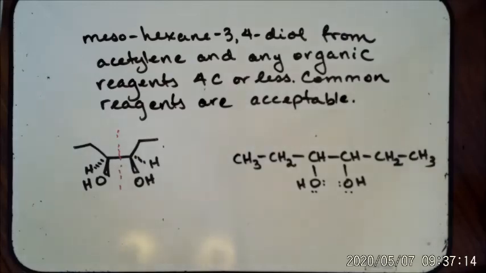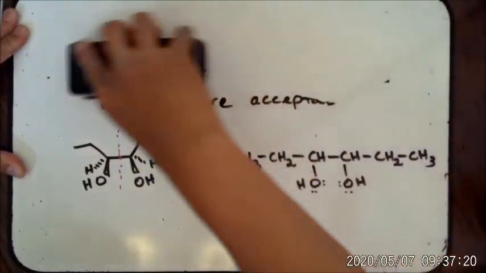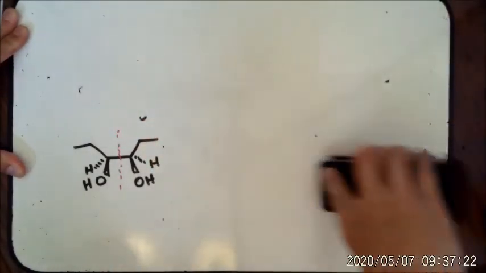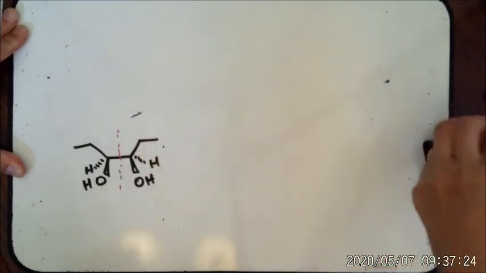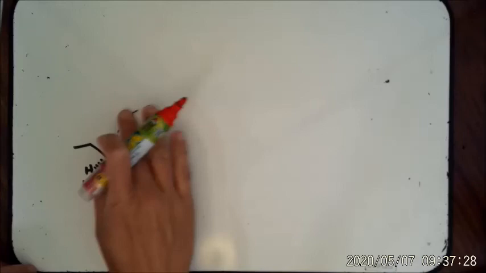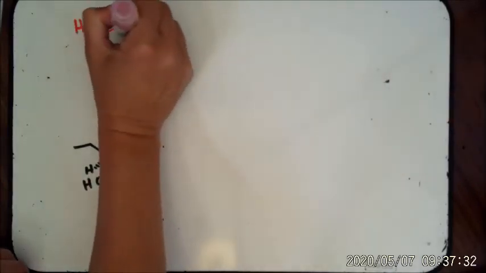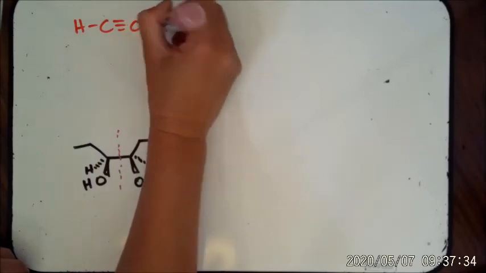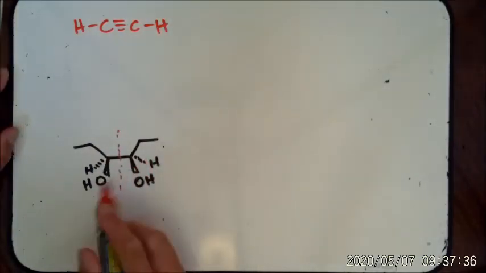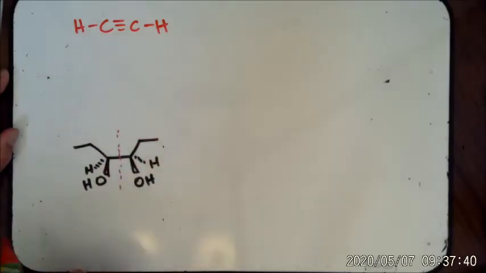Alright, so let's go backwards and start talking about what we know. We're going to start off with acetylene as one of our starting materials. And let's see, 1, 2, 3, 4, 5, 6.